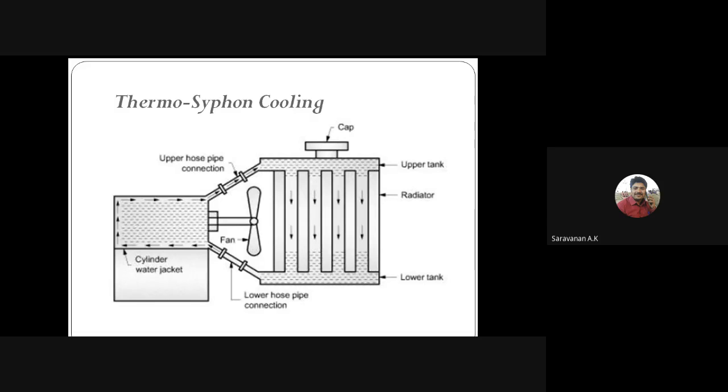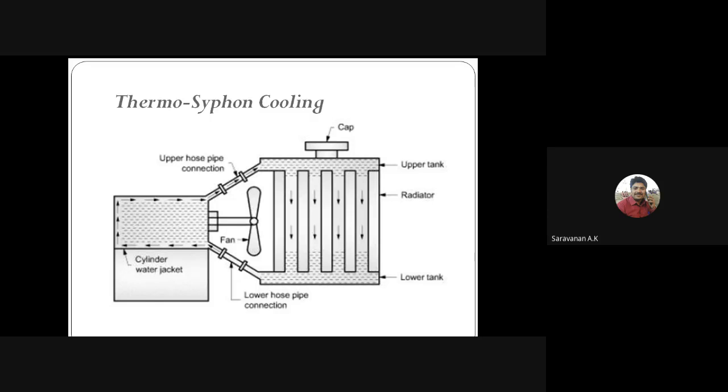From the upper tank, the water travels down the radiator tubes, across which cool air passes, drawn by the fan. It is driven by the engine crankshaft. You may see the fan also.